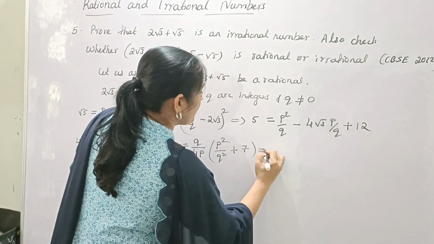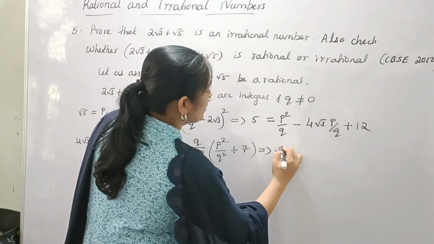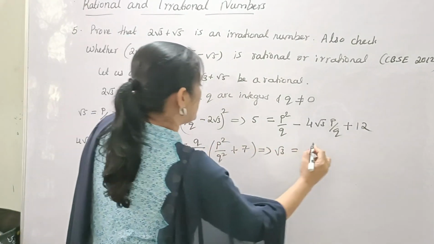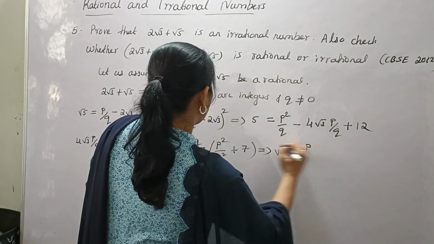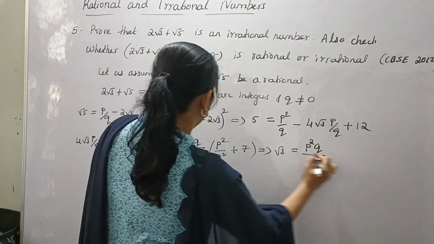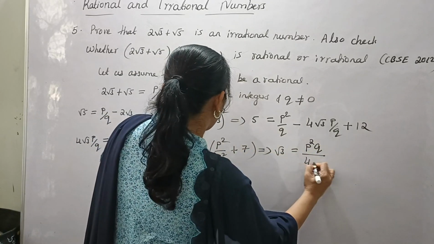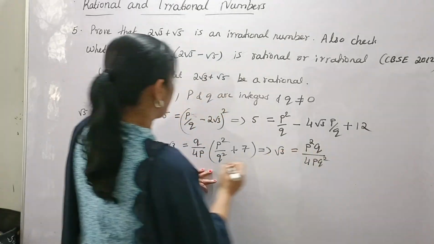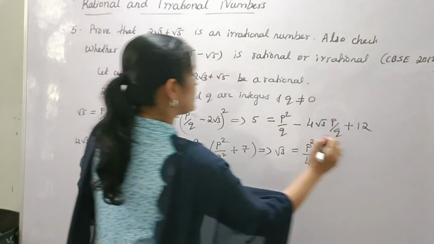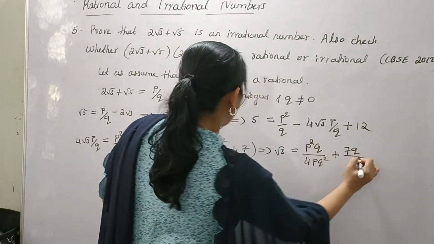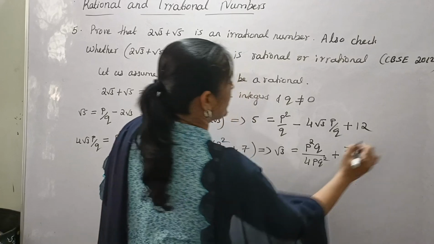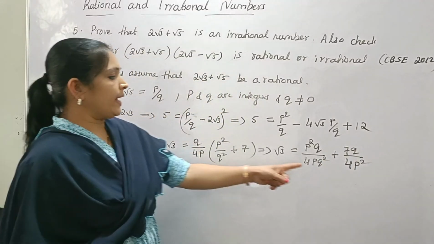Just to simplify this one, root 3 is equal to p square q divided by 4pq square plus 7q divided by 4p, and take LCM.